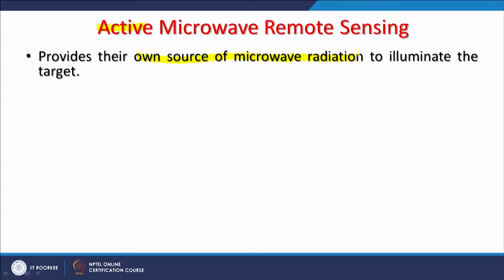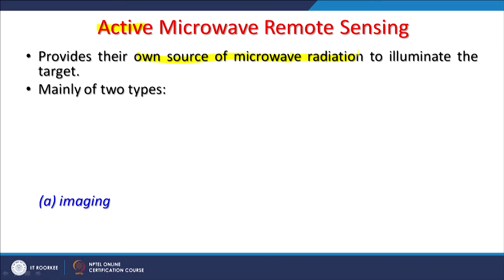So, we will be more focusing on active microwave remote sensing, which provides its own source of microwave radiation to illuminate the target. That is why it is called active microwave, because the sensor itself will send a pulse towards the earth, and then whatever is back scattered is recorded.